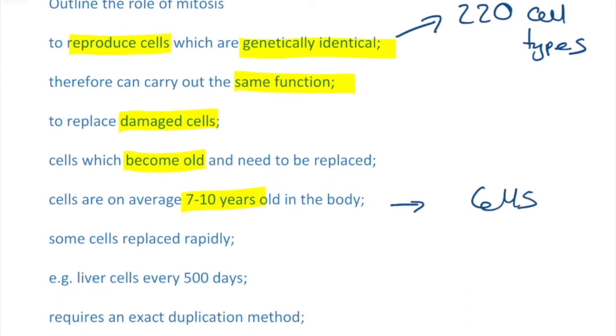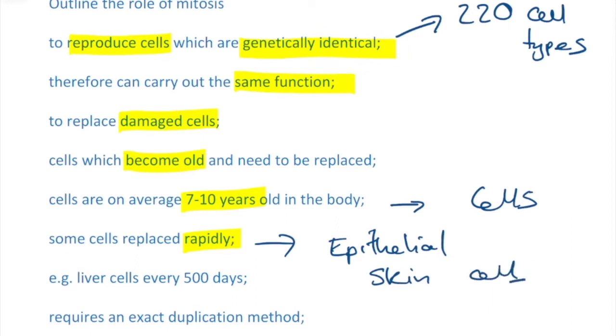But many are much more rapid than that, especially we see cells that are epithelial. So lining cells and also things like skin cells are replaced much more often. The liver cells, for instance, 500 days, and we've got to have this exact duplication.